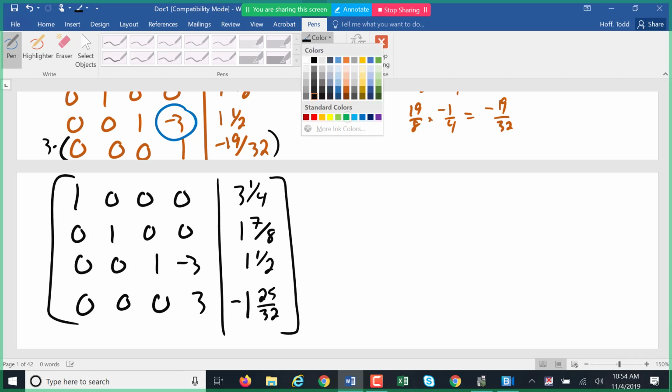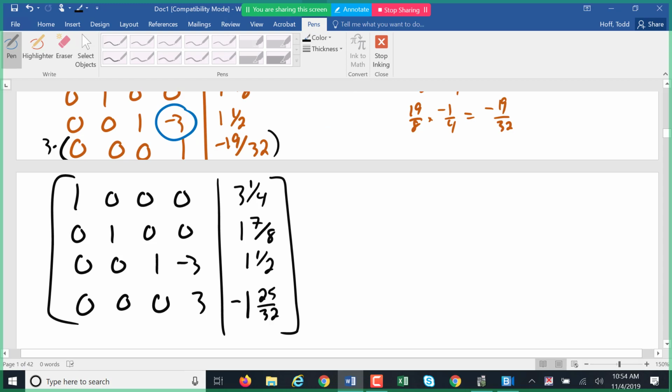So now we combine those bottom two rows and replace the bottom row. Or no, not the bottom row, we're going to replace the third row.